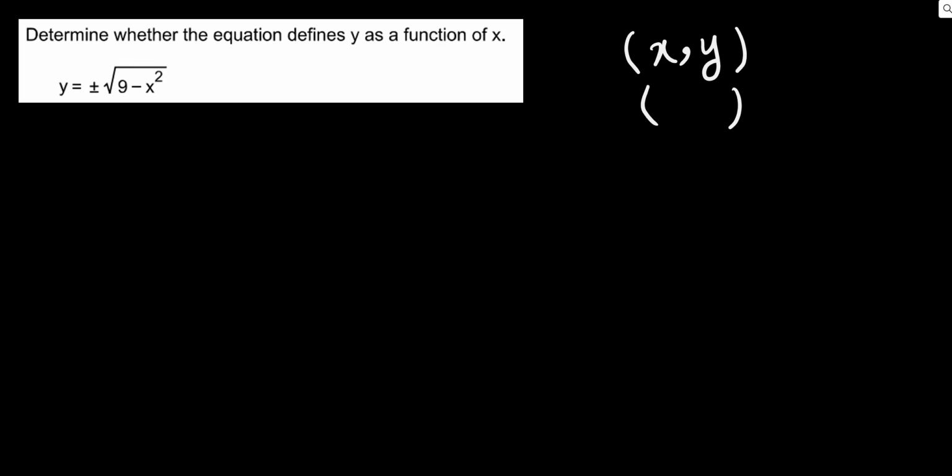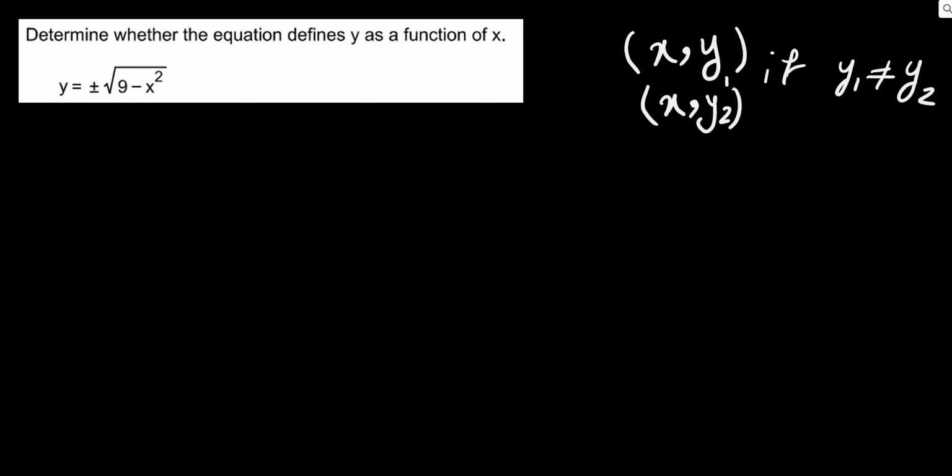If you can find two pairs, x and y1, also x and y2, with x equal to x, but you checked and y1 is not equal to y2, then the relation is not a function.